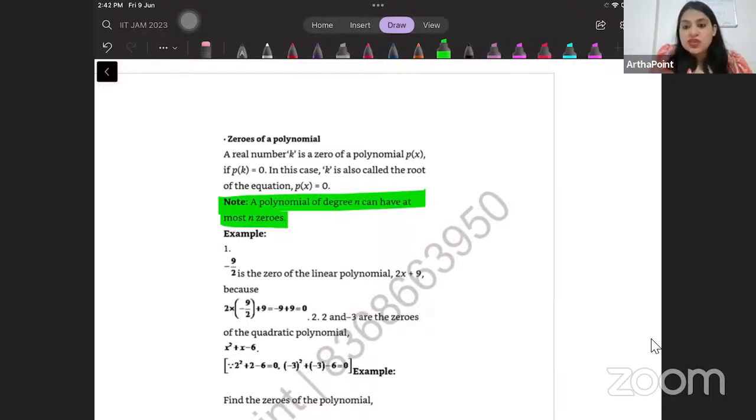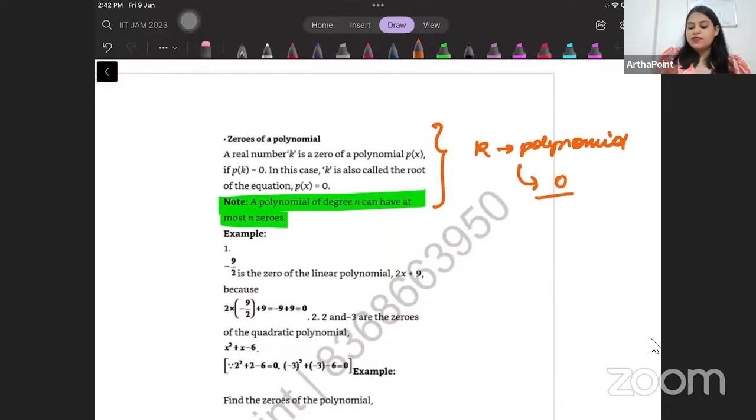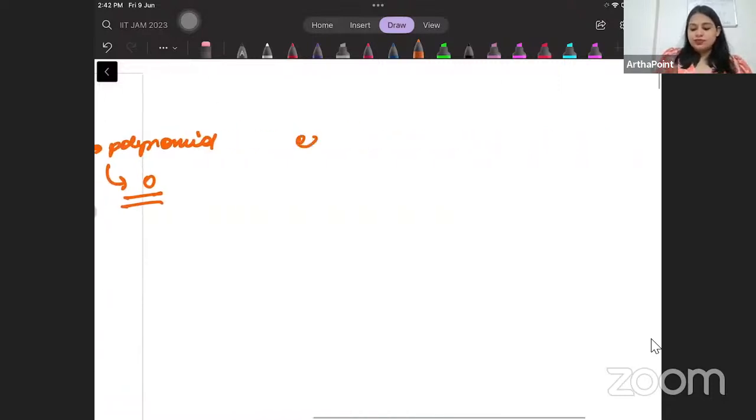But beta, what are zeros? The zero of a polynomial is nothing but the value that, when you put it inside the polynomial, gives the answer 0. It is also called the root of the equation. Take an example: x square minus 2x plus 1.